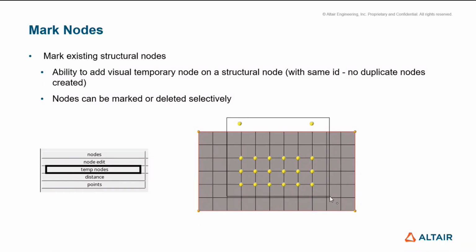It is still a structural node. It's basically visualization of a structural node is what you can call it. And in this particular micro dialog, you can select all the nodes, and then either you can mark them or you can clear them with the delete icon. So what we used to have as a clear all option, we have added here.